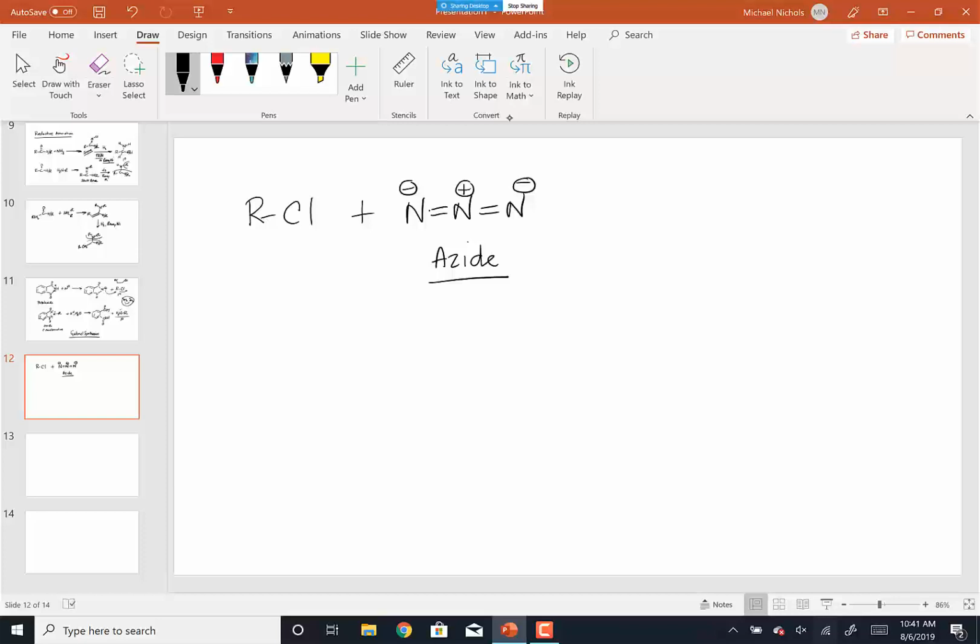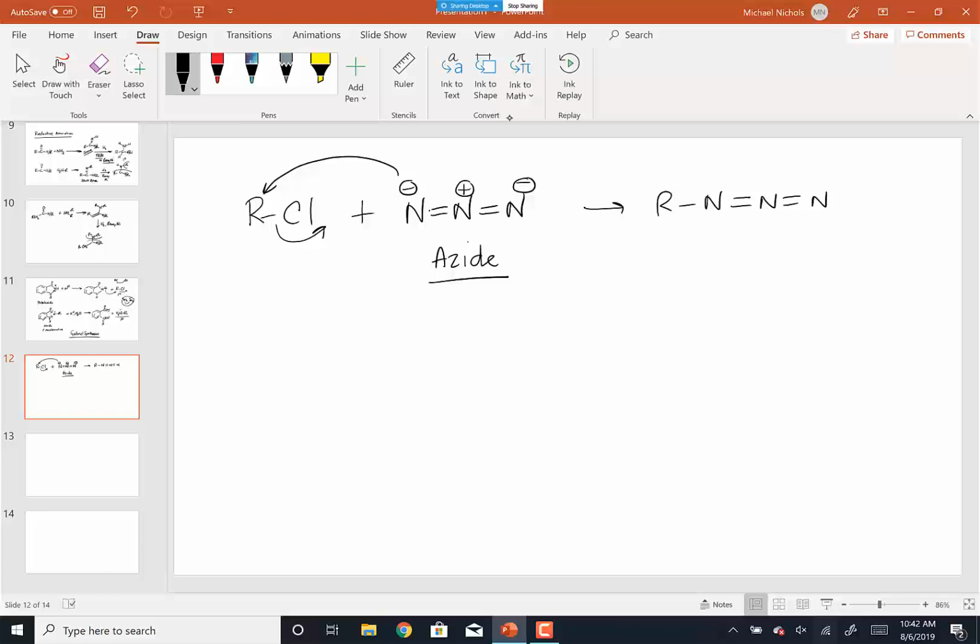We haven't seen azide since the first day or two of class, because this is a compound that has three different resonance structures, so it's a nice one to make the resonance structures and then do the hybrid of. Again, one of your nitrogens is going to have a negative charge on it. It can come in, attack the carbon, kick off the chlorine, so that we can add that azide to the alkyl group.